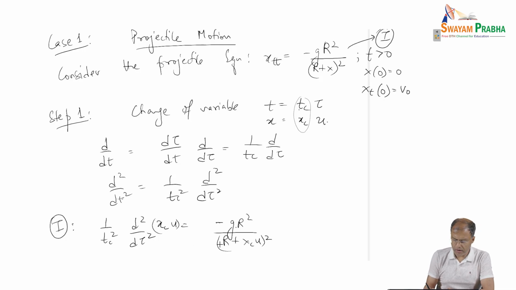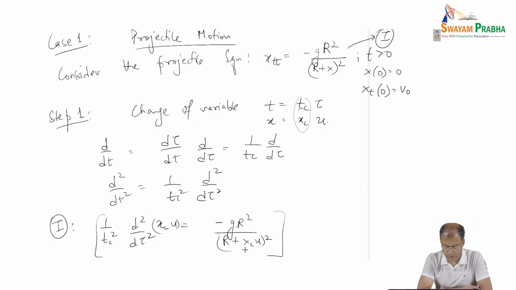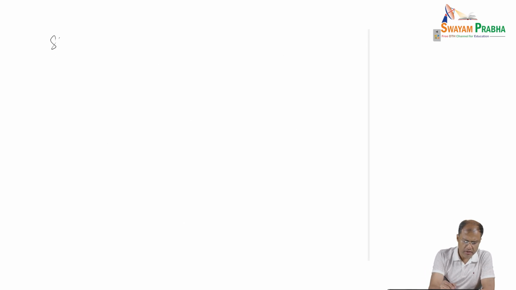Right? So now we are in the non-dimensional ordinary differential equation, where we have non-dimensionalized with some characteristic variables. So the second step of the method is that we are going to collect all the dimensionless groups.